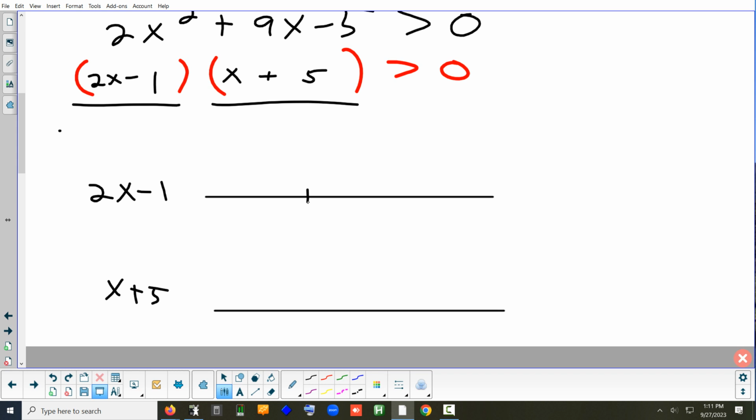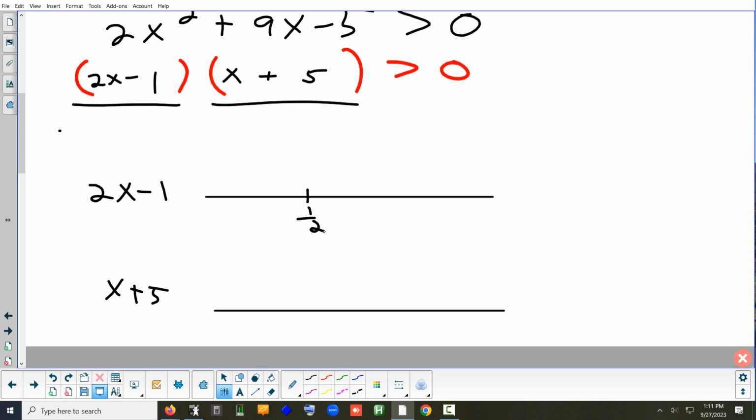It will be a positive number. 1? No, if you plug in 1, you get 2 minus 1, which gives you 1. 3? Well, if you plug in 3, 2 times 3 is 6, minus 1 is 5. So it's going to have to be a fraction, Bruce. 1/2. Yeah. If you plug in 1/2, half of 2 is 1, minus 1 is 0.